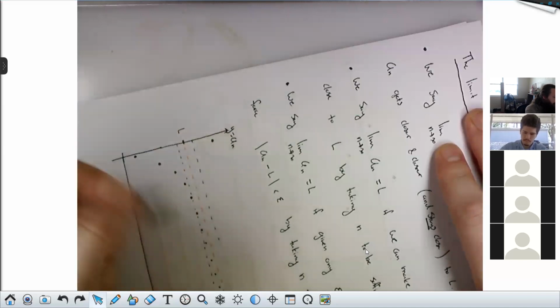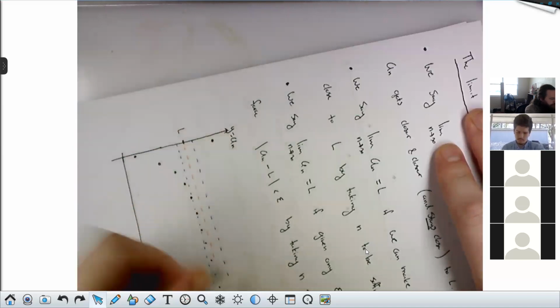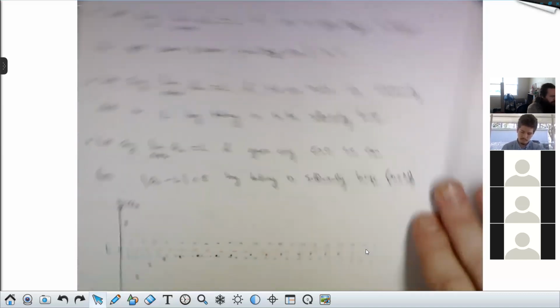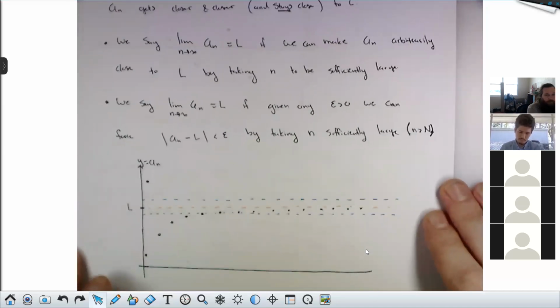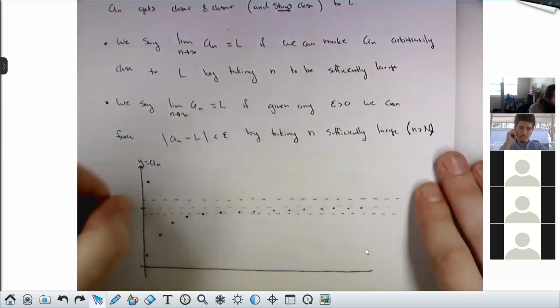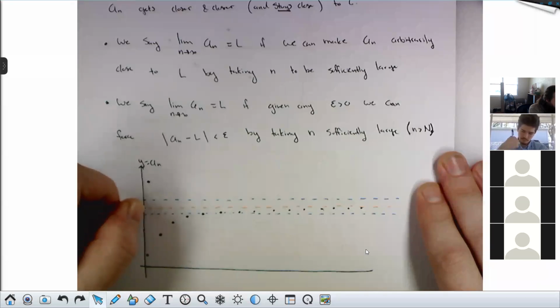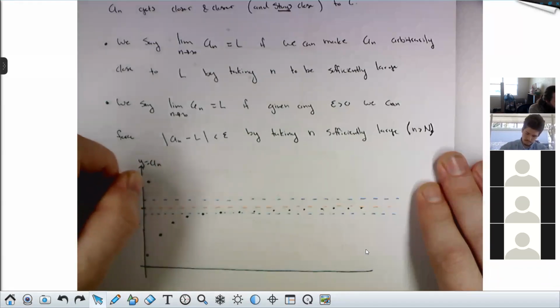If they do, and this is true for any epsilon, so this would be L minus epsilon, this would be L plus epsilon.